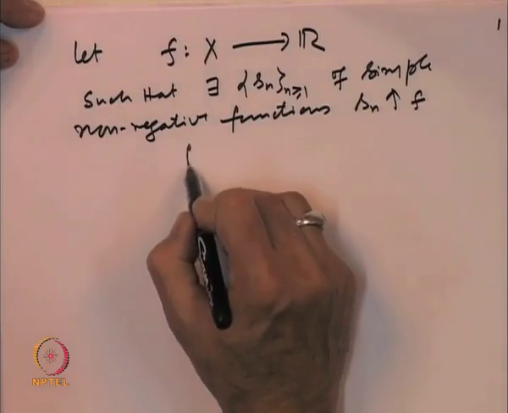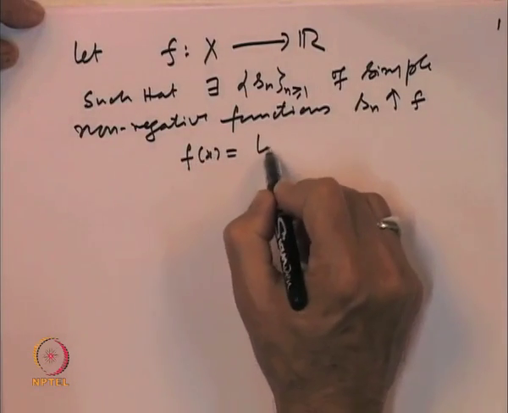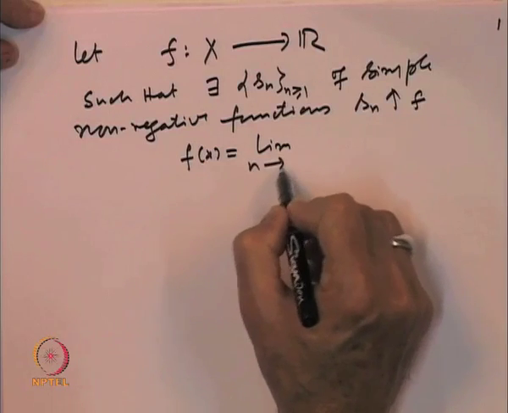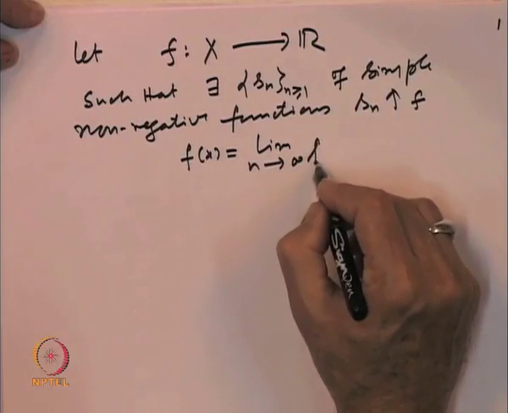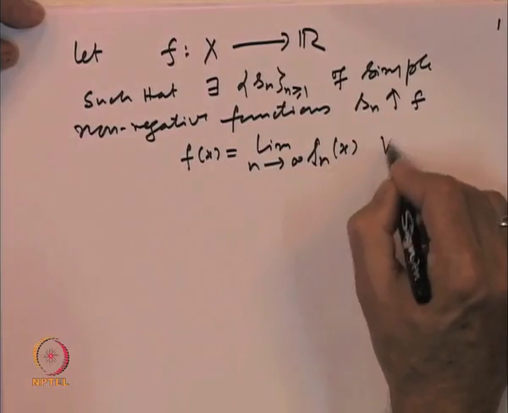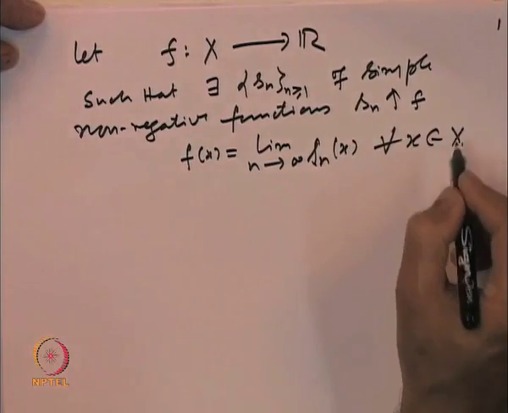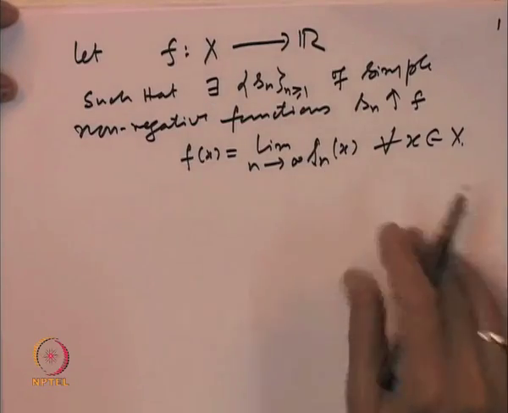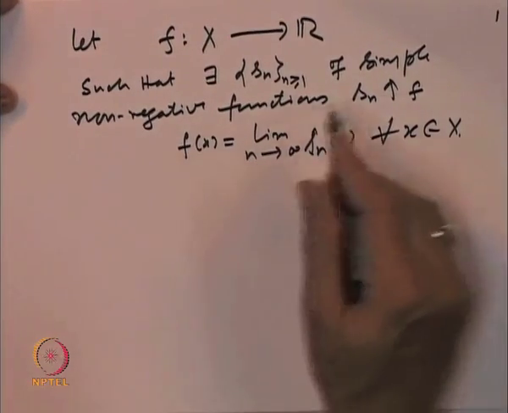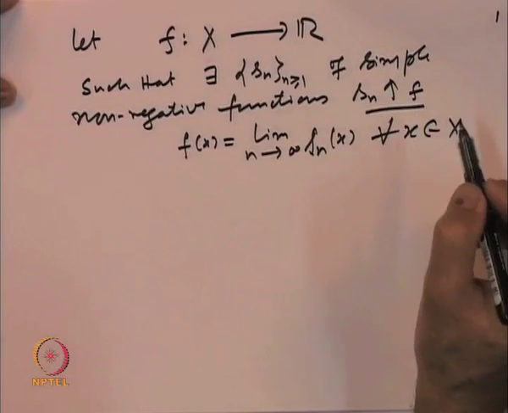That means f of x is the limit as n goes to infinity of S n of x for every x belonging to X, and these S n's are monotonically increasing. So, this is written as this.